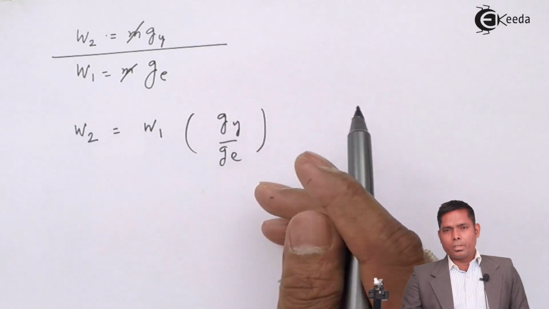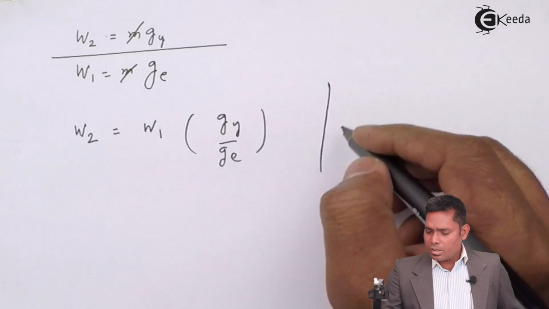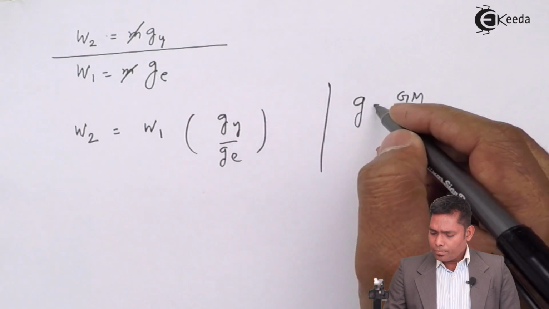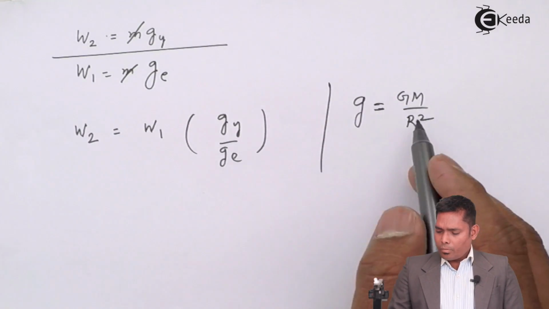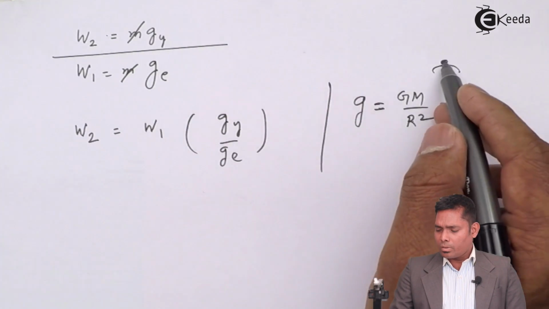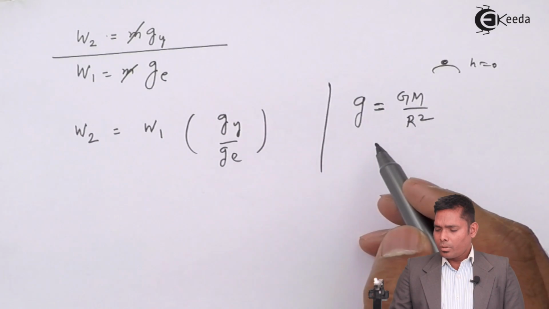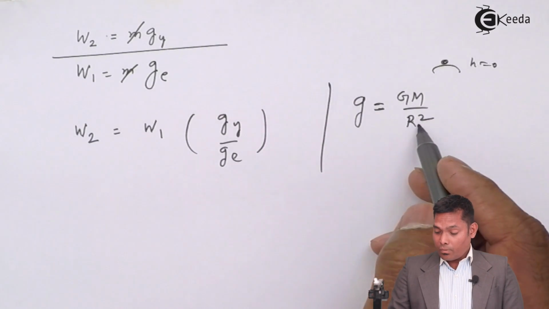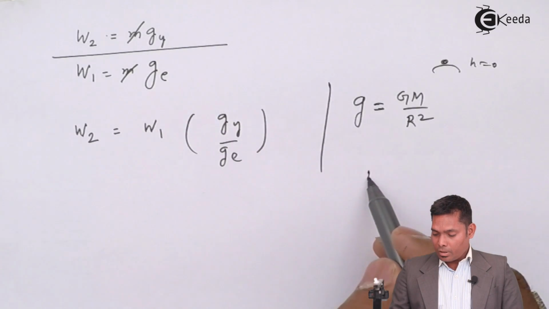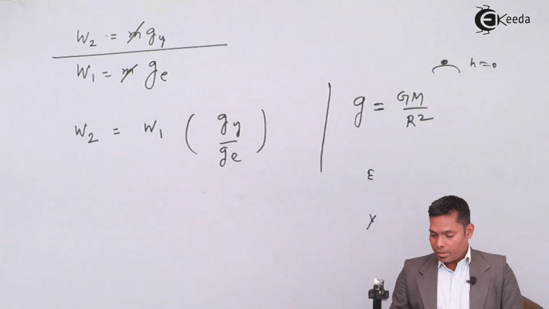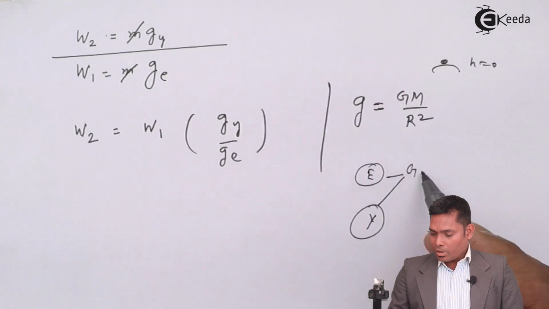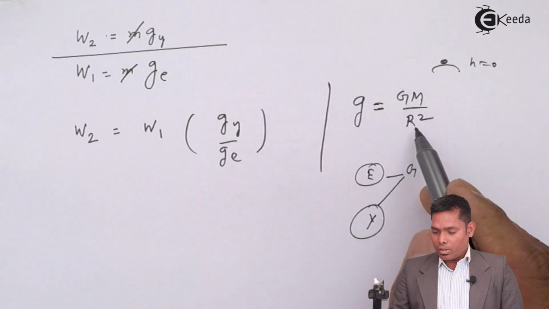That means basically we have to relate the g values, and g is GM over r square, that all of us know. The small r becomes capital R because the object is on the surface of the Earth, h value is 0. Here G is constant for both planets. Mass will change, r will change.